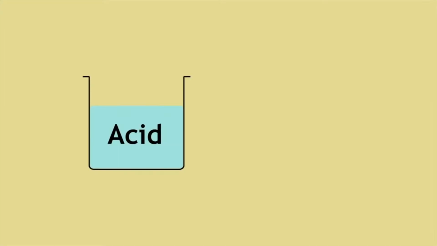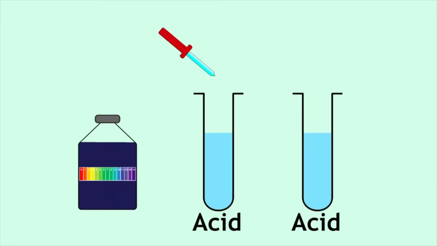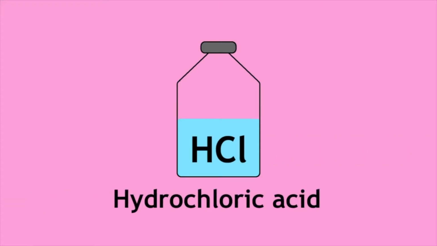You have learned that acids are substances with a pH lower than 7. We can test for acids using universal indicator solution, or paper, which turns red or orange, depending on the strength of the acid. Blue litmus paper also turns red in the presence of an acid. An example of an acid that you are likely familiar with is hydrochloric acid.